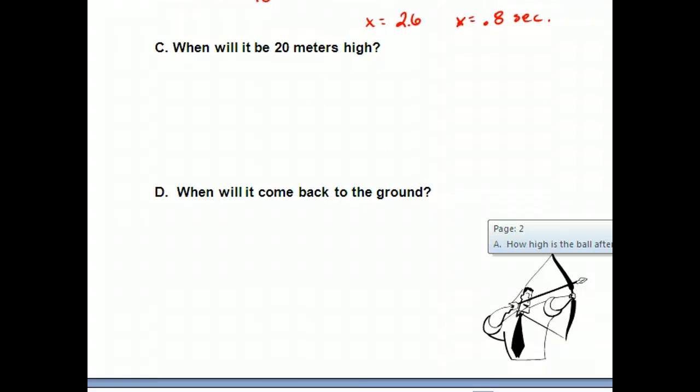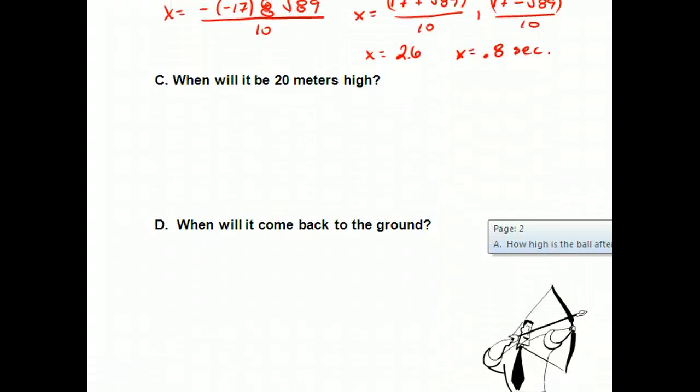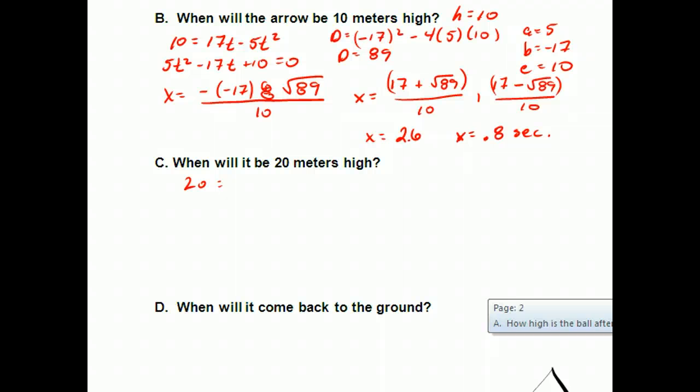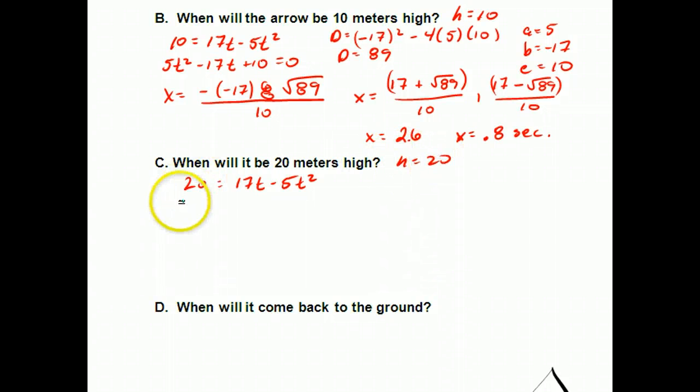Okay, so when's it going to be 20 meters high? Let's do the discriminant first here. Our equation: 20 is equal to 17t minus 5t squared. My h was 20, so I just plug it into the height part. We'll put it into standard form like we did the first time, equal to 0.